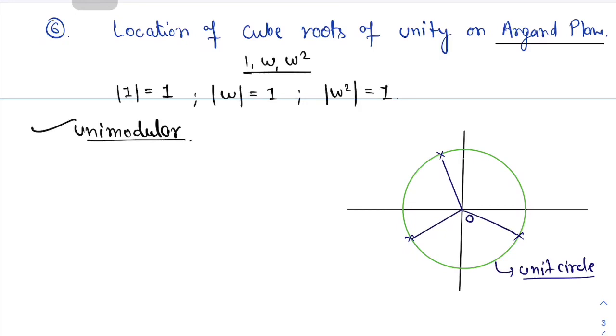So if the radius of this circle is equal to 1, that distance is always going to be 1.